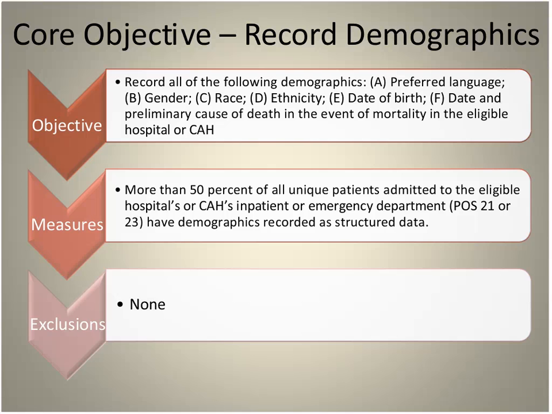And again, preferred language is one of those attributes that needs to be recorded, along with gender, race, ethnicity, date of birth, and those are all the same if you're looking at an eligible professional, let's say.